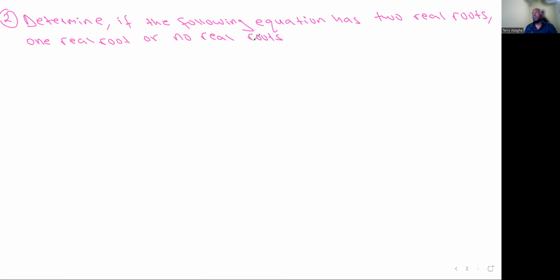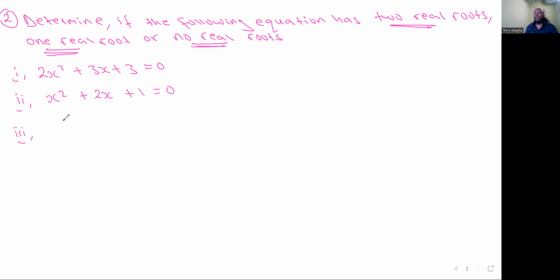So we have 3 questions here. Number 1, 2x squared plus 3x plus 3 equal to 0. Number 2, x squared plus 2x plus 1 is equal to 0. And number 3, x squared minus 2x minus 1 is equal to 0.